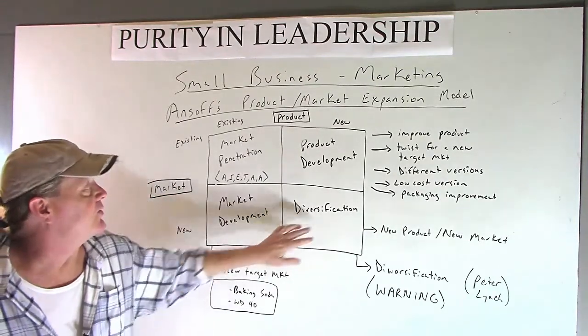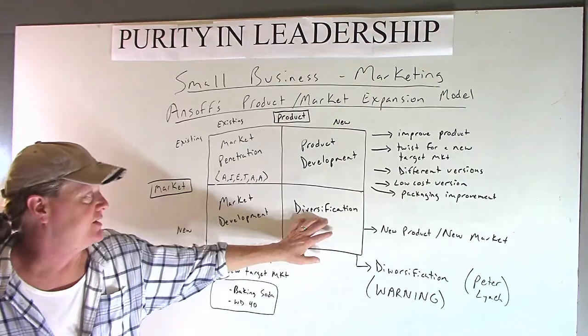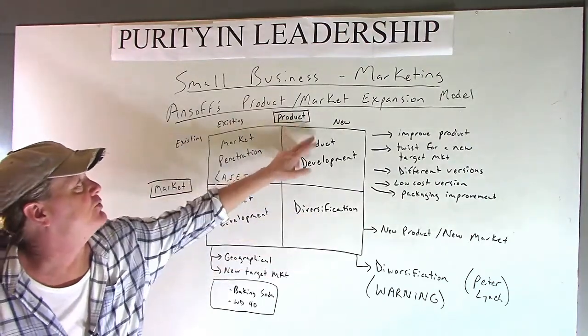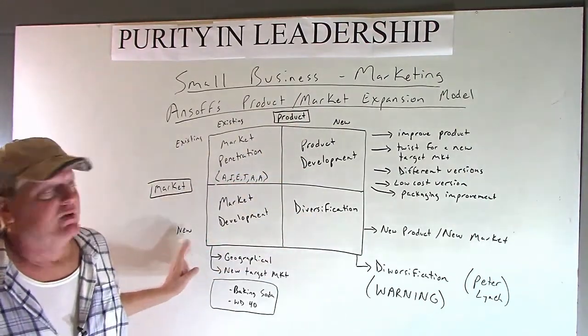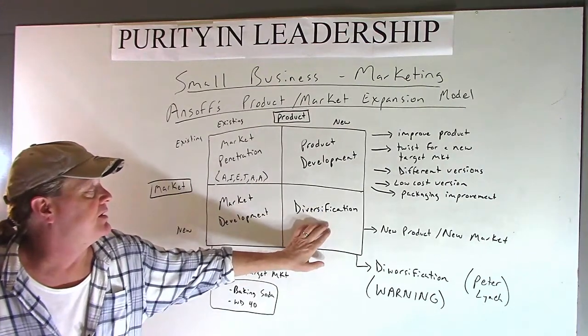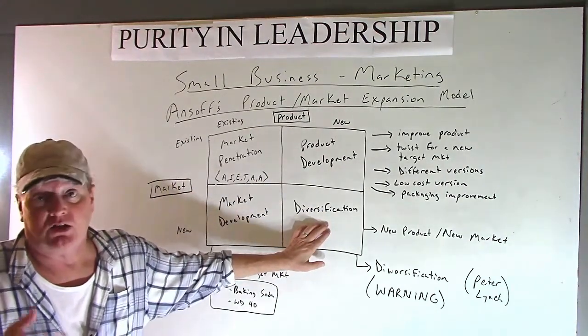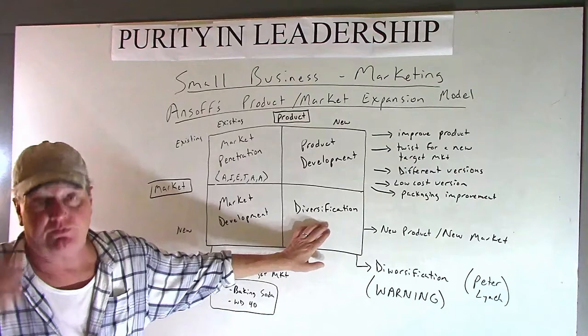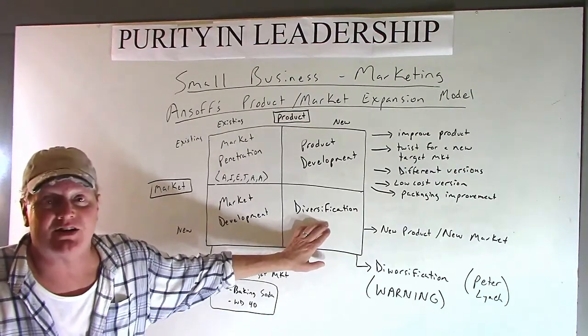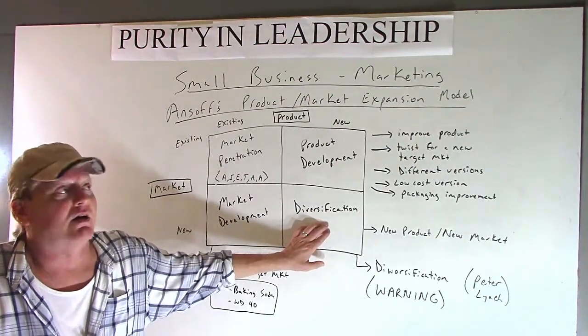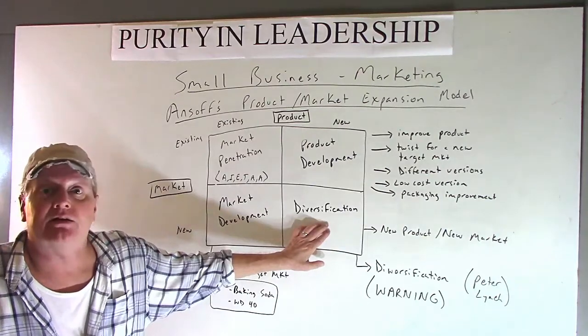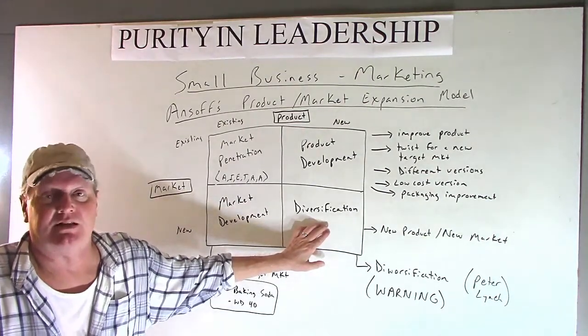Now, our fourth option is diversification, where we have a new product and a new market. So in the case locally, we have a famous person who makes hot sauce, and they now make fruit jams and things like that.